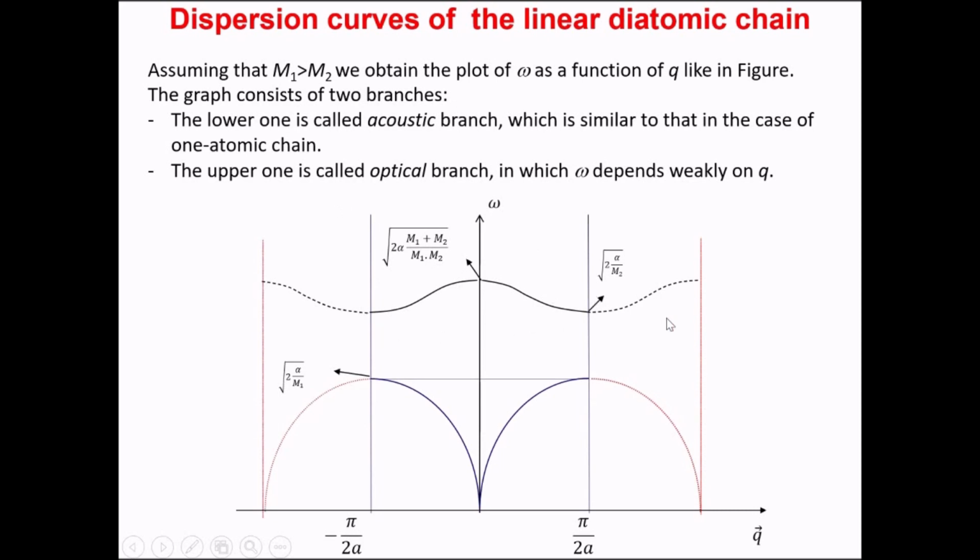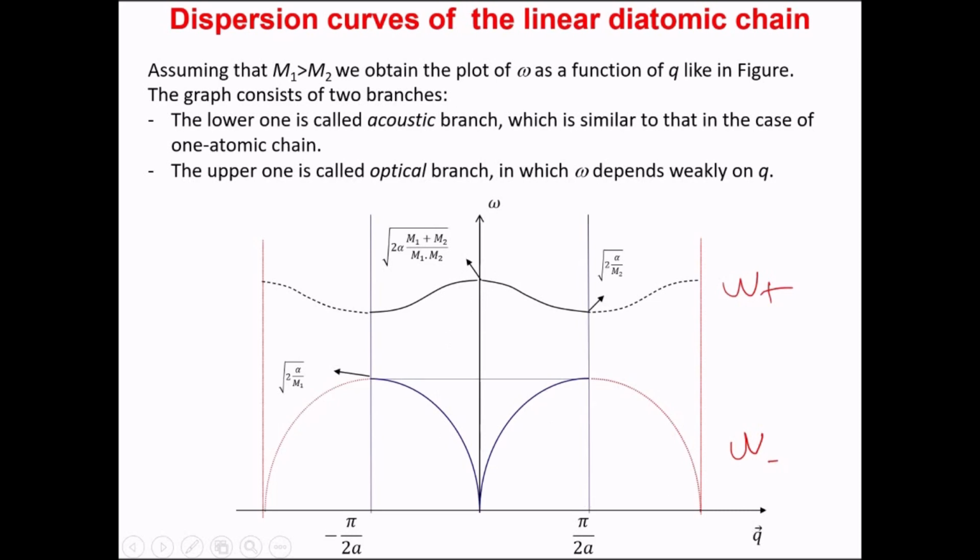So now we have the two branches. The first branch is for omega minus, and this is for omega plus.